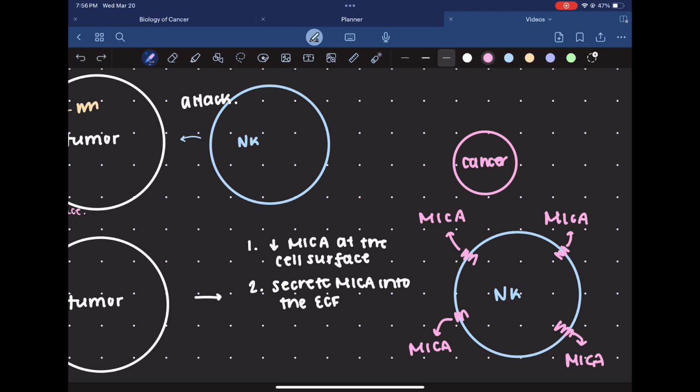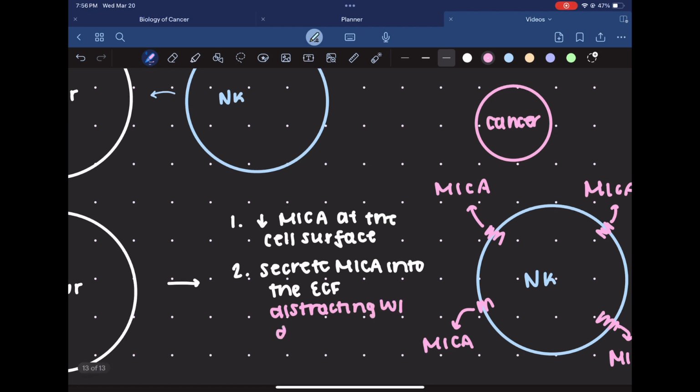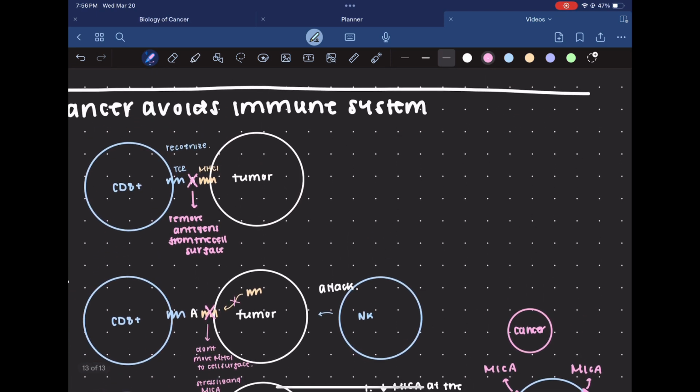So it's essentially distracting our NK cells and tiring them out with these decoy stress ligands. So that's going to be our third way that we're avoiding the immune system.